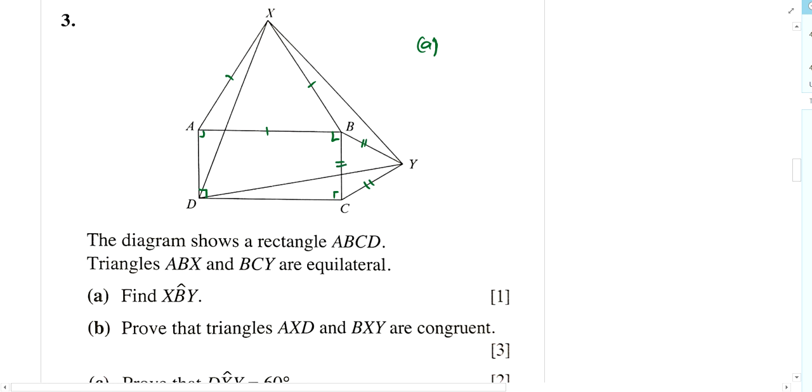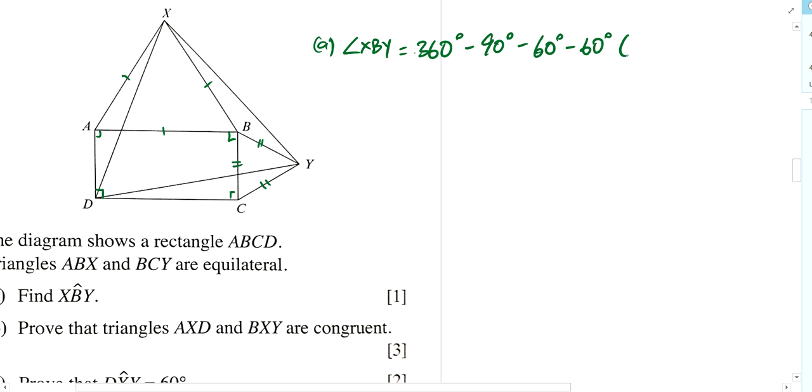How to find XBY? 360 degrees minus 90 minus 60, then? Okay, what's the reason? Angles at a point. And we know that they are 60, 60 because they are equilateral triangles. So this gives me 150.